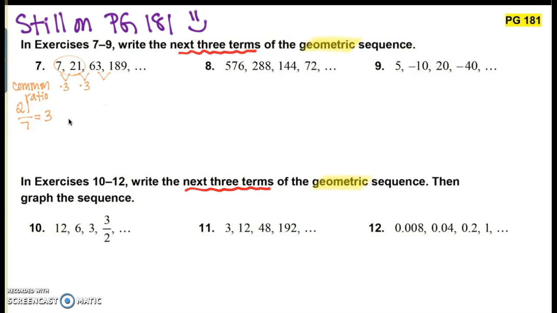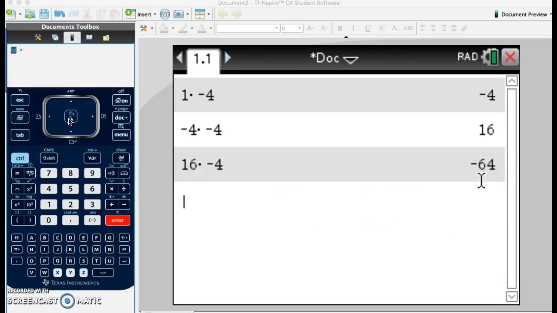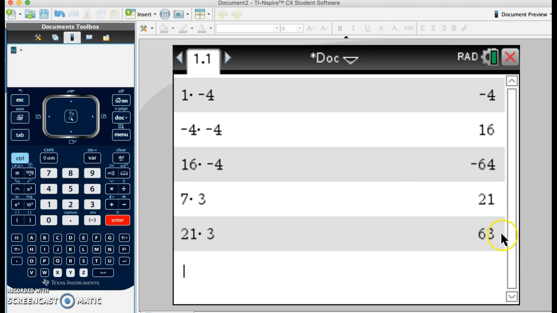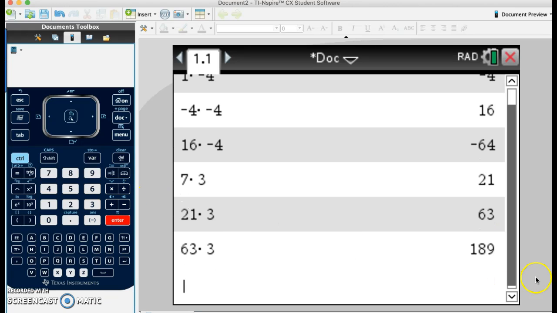And if I multiply 63 by 3, I should get 189. Now I want to find my next 3 terms, and to do that, there's no harm in using that trusty calculator. So 7 times 3 is 21. If I multiply that by 3, we get 63. If I multiply that by 3, we get 189.